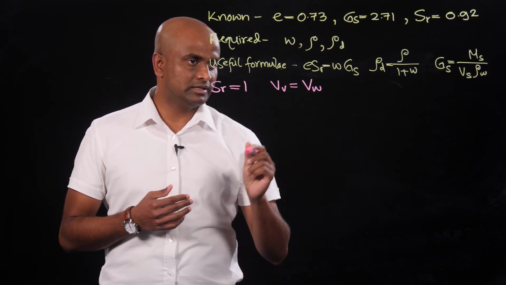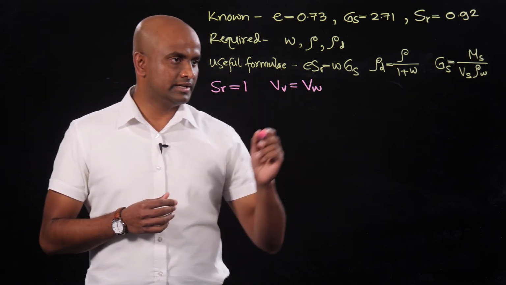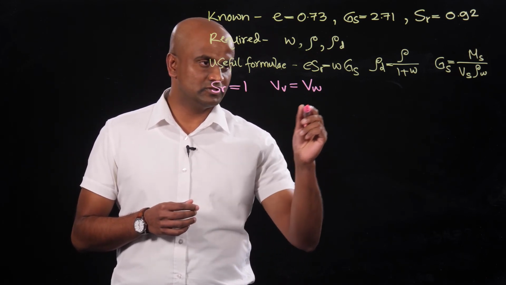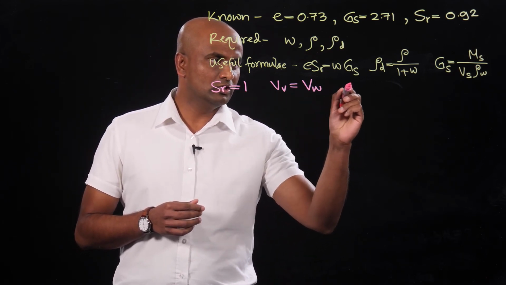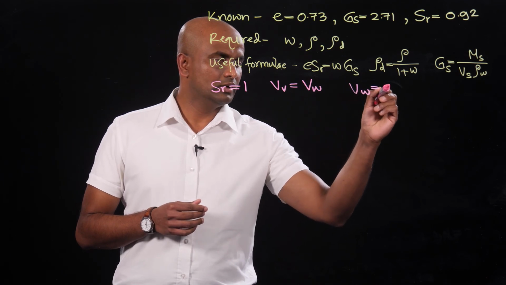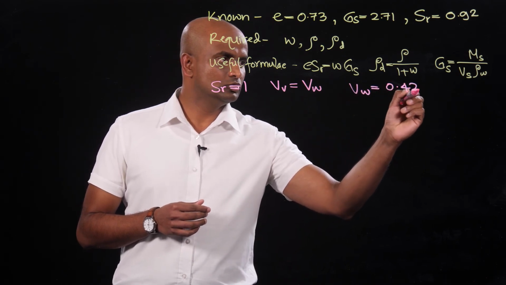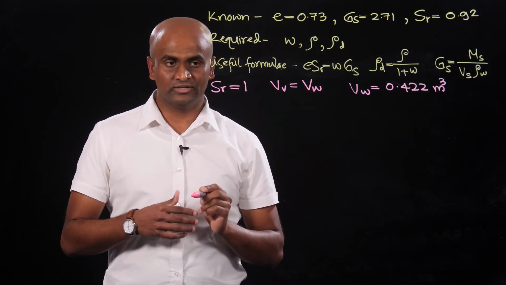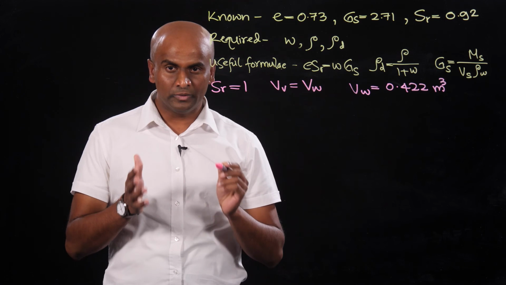We first calculated the volume of voids as 0.422 in 1 cubic meter of soil. Therefore the volume of water is now 0.422 cubic meter, which is equal to the total volume of voids that we calculated before in 1 cubic meter of soil.